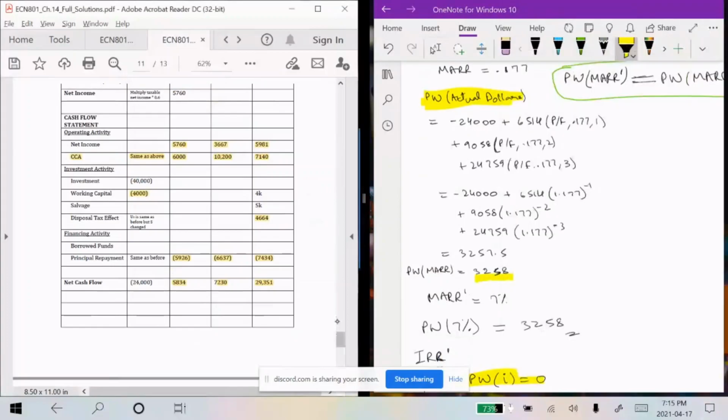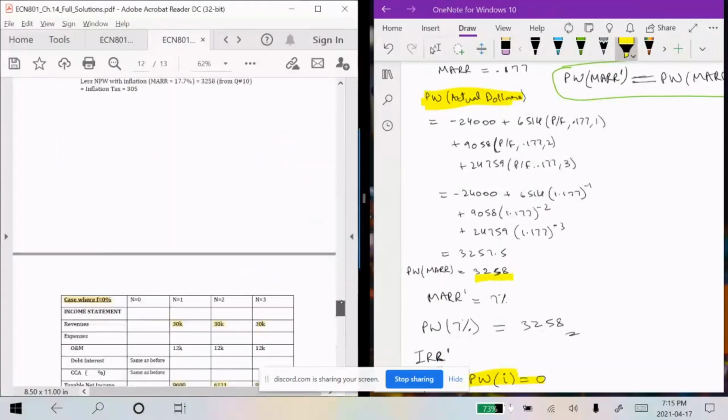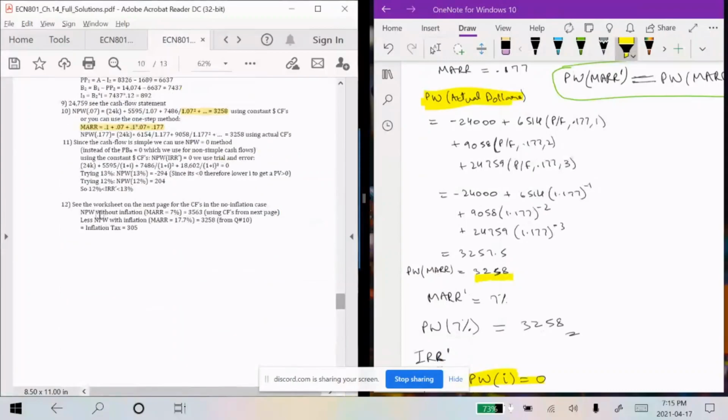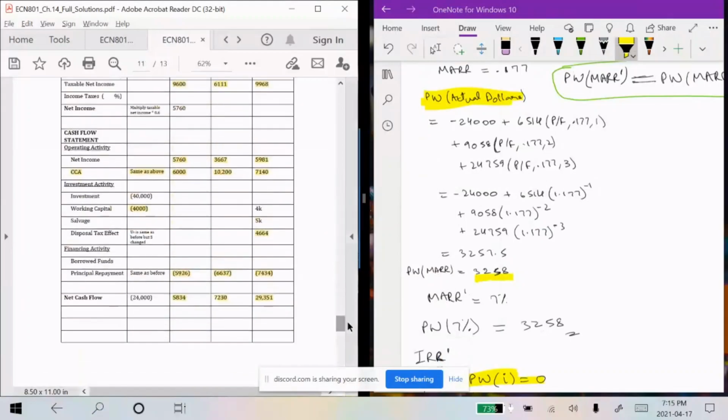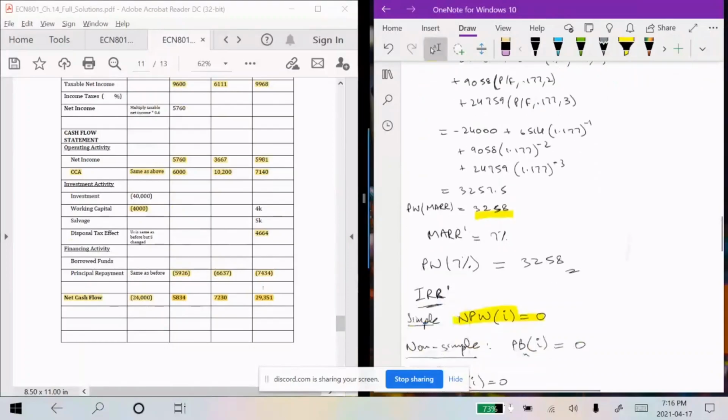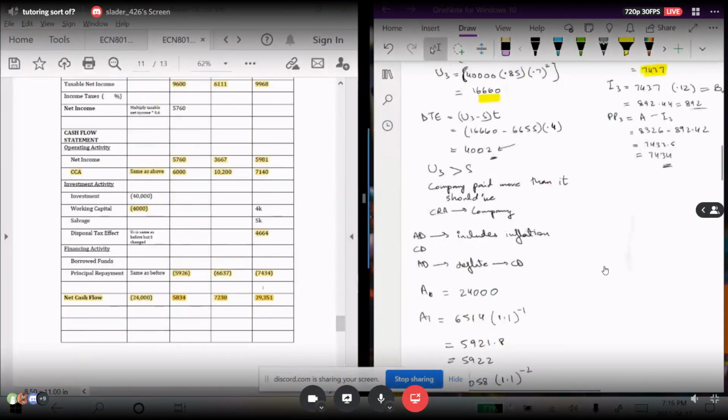Let me see if he gave the answer for that. Yeah, he did. Okay. So net present worth without inflation, you get it as 3563. Using the way he calculated, again, MARR 7%. The way he calculated this is he took these actual dollars and deflated them, same thing that we did here. Those are constant dollars, and you just use 7%.